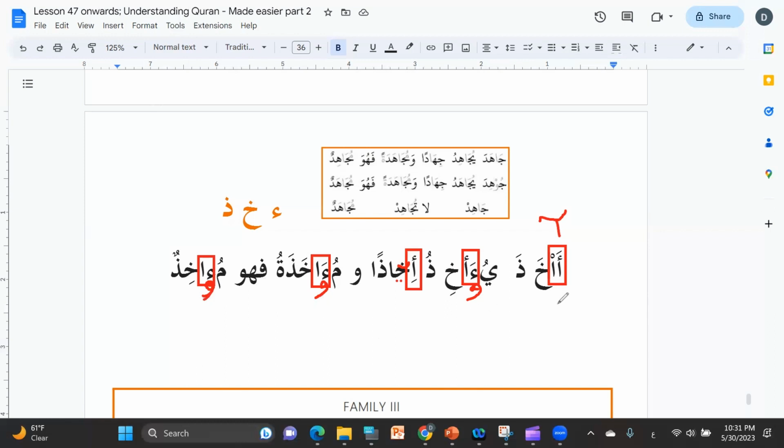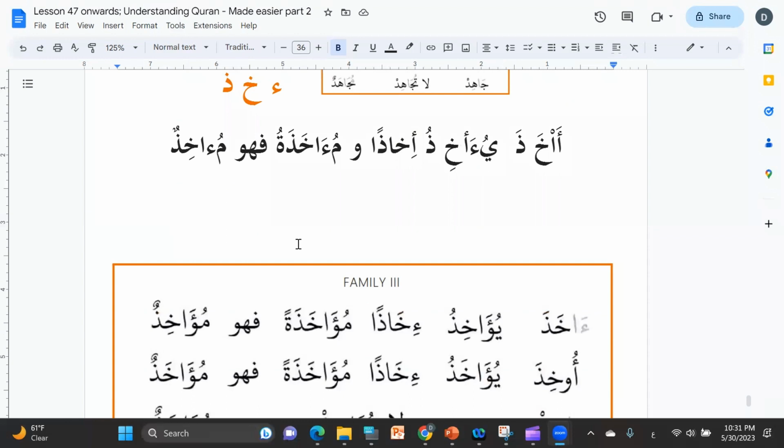So these are the changes that happen in family 3. Okay, so I have to clear all these drawings, all these writings, if I need to scroll.